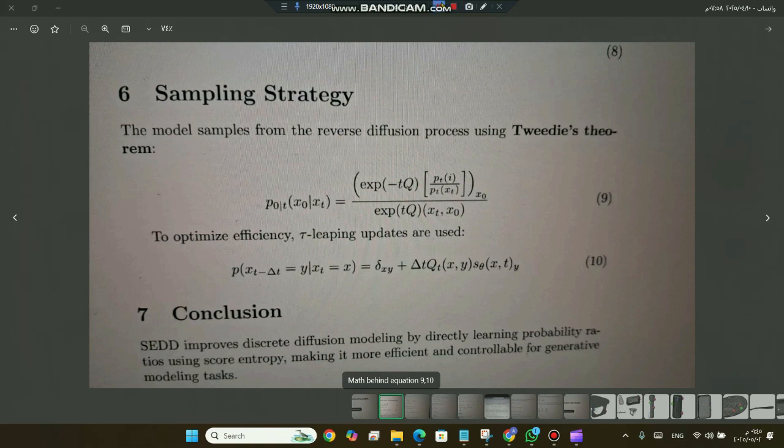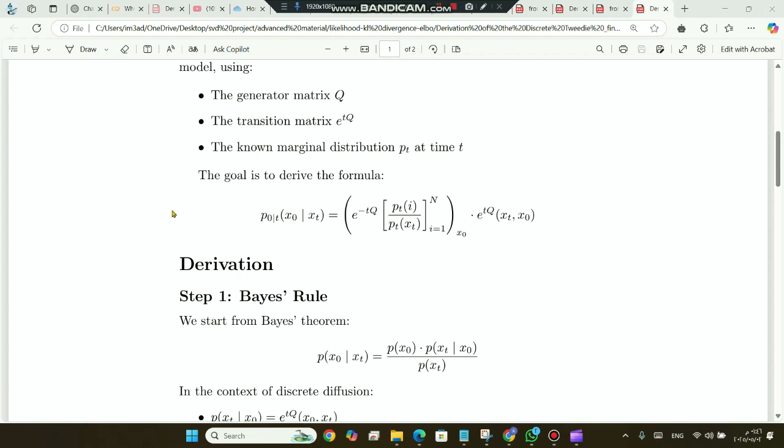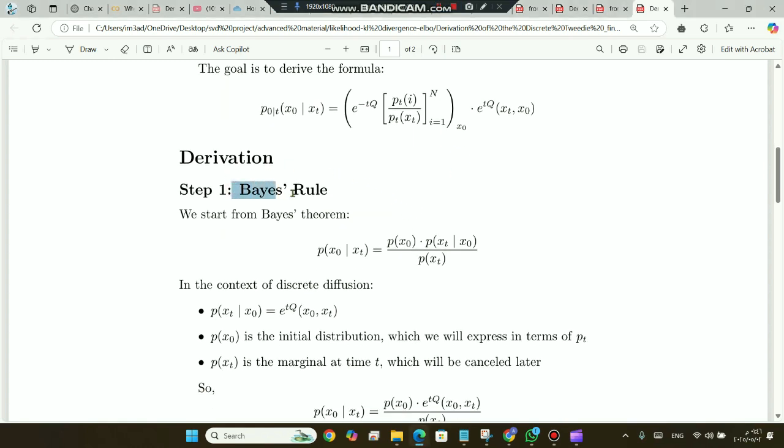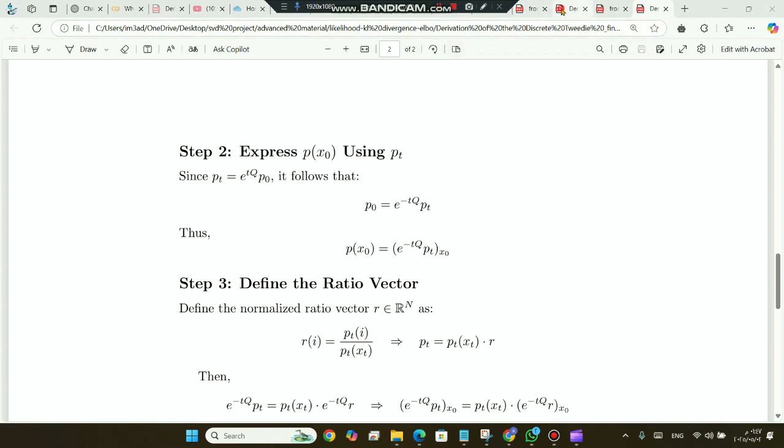Our aim right now is to derive it. First of all, we have to look at this rule over here. It says that the probability of x naught given xt will equal the probability of x naught times the probability of xt given x naught, divided by the probability of xt.